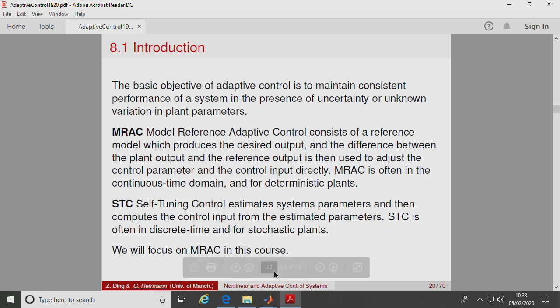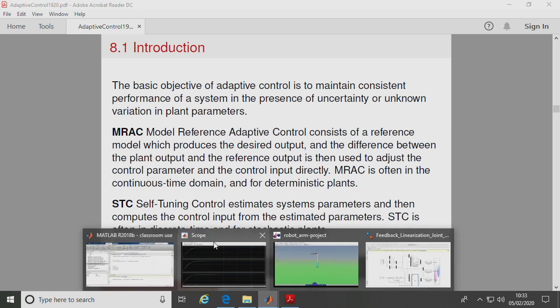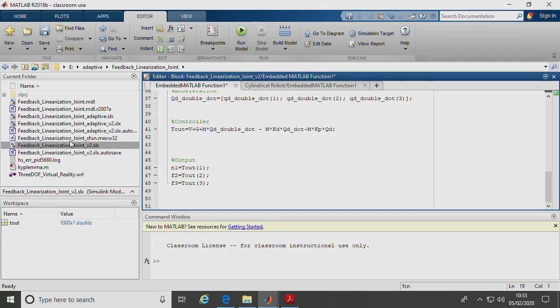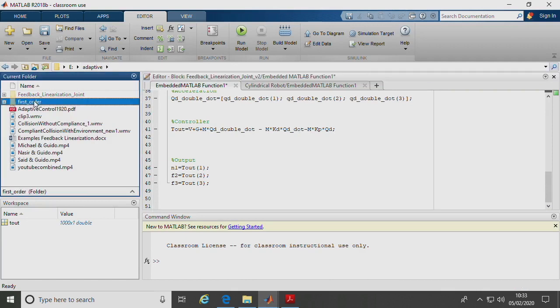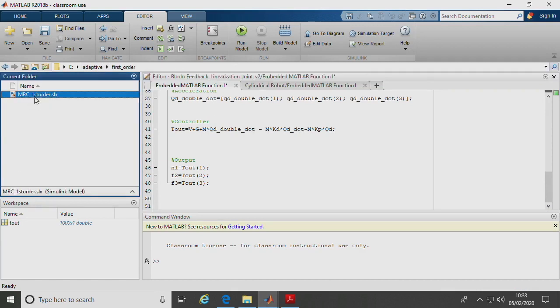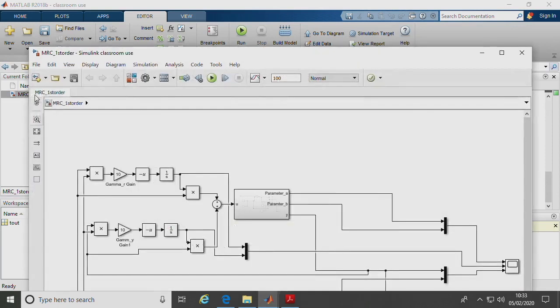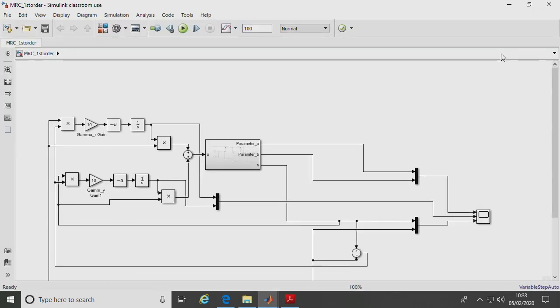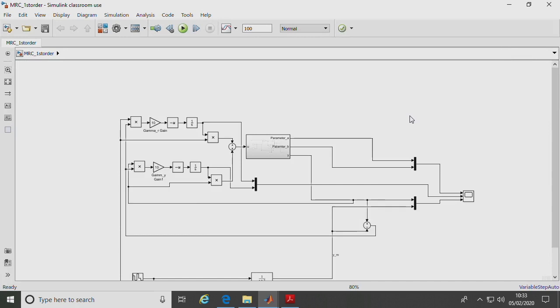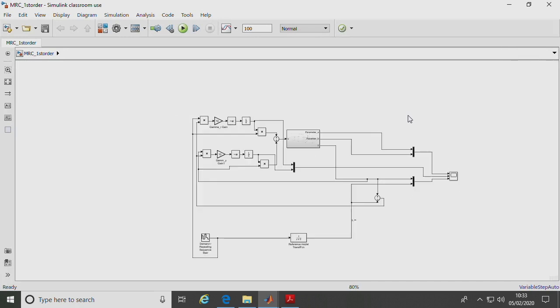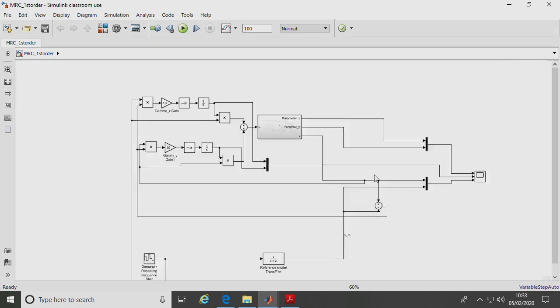Let me see if I manage to bring up possibly an example here from my simulations. Yes, and you will understand this later when we have gone through this.